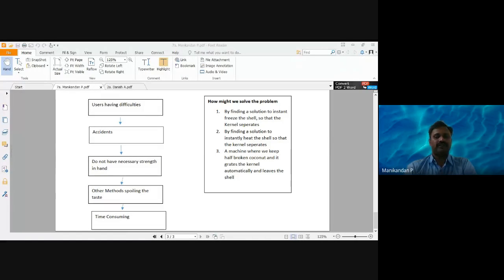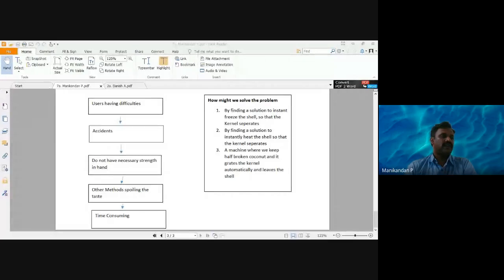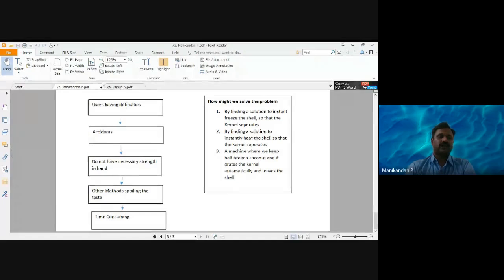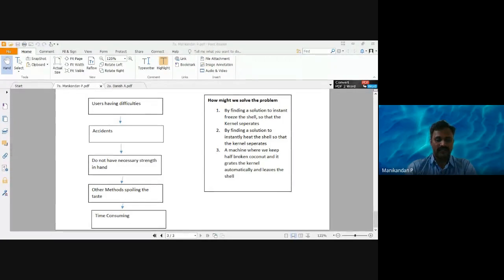So I went into the market where I usually buy equipment for the hotel industry, and I found the smallest one. I asked them to give a demo, but it was not very efficient, with the same vibration. If my mom and wife face that vibration, I'm sure they will drop the coconut and put their hand instead of the coconut. So I still found it a problem, and I didn't buy that machine.